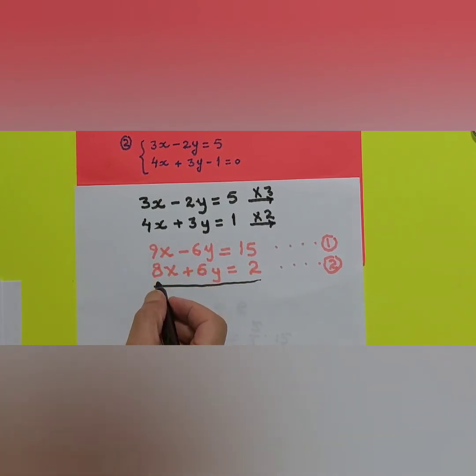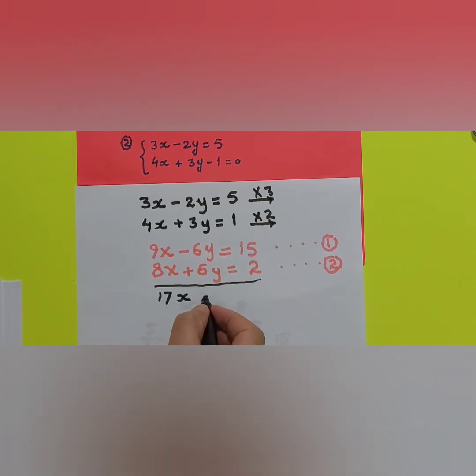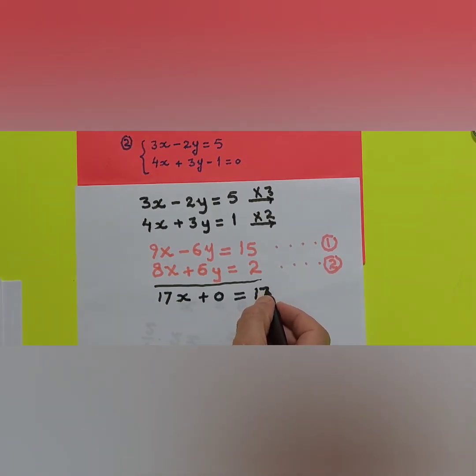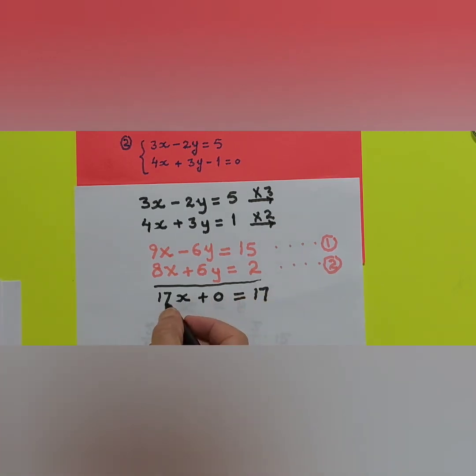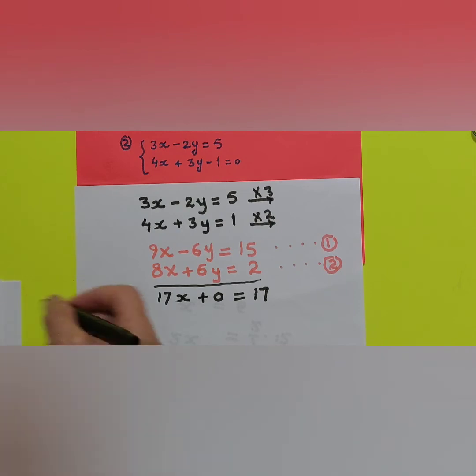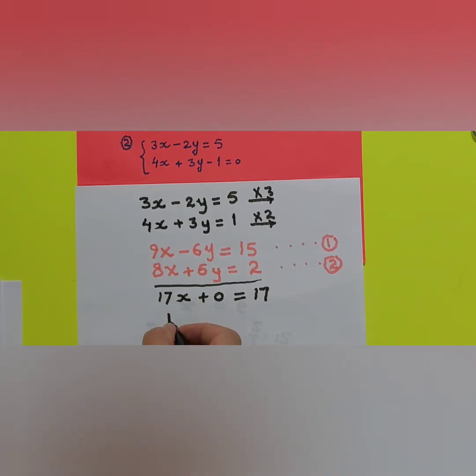Here by adding, we got 17x, and here 0. So 17x is equal to 17. And it is the simplest form for the equation, as we dealt with the first equation.